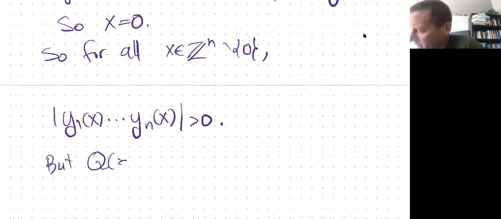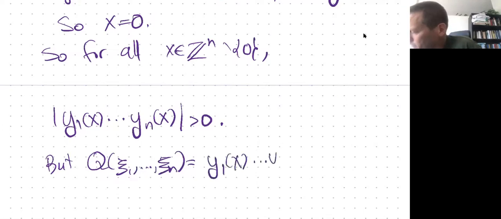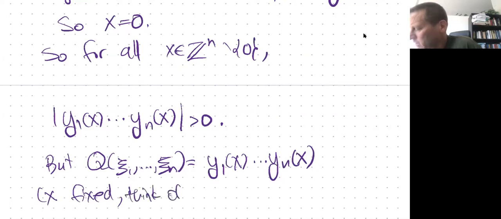But now let's look at Q of Ci to be this product. X is fixed, and now we think of this as a function of the Cj's.